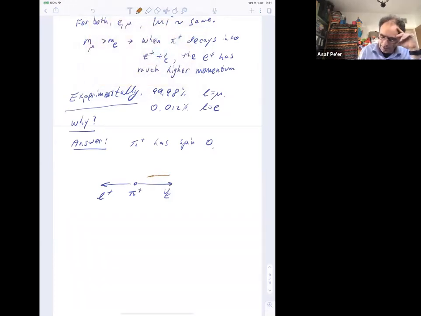So if I look at the helicity state, it's left-handed, so the spin has to be opposite to the direction of motion of the neutrino. And also for the anti-lepton, it needs to be opposite.